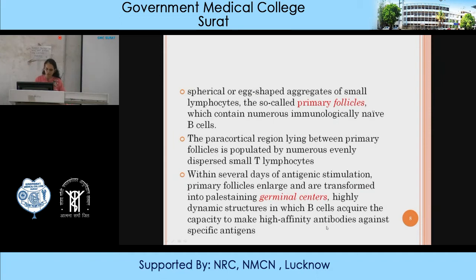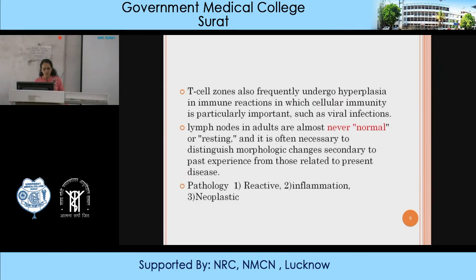It is a highly dynamic structure in which B cells acquire the capacity to make high affinity antibodies against specific antigen. The T cell zone also frequently undergoes hyperplasia in case of immune reaction in which cellular immunity is particularly important, such as viral infection. In adults, enlargement of a node is never a normal or resting phase.